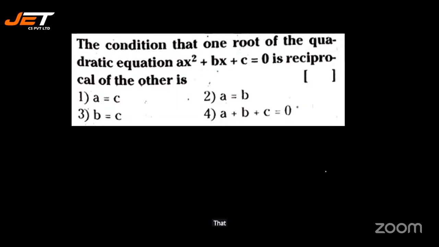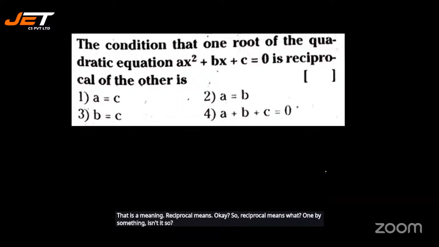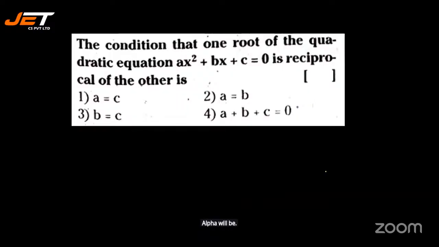That is the meaning. Reciprocal means what? 1 by something, isn't it? So alpha will be 1 by beta. So I've given you the hint also.